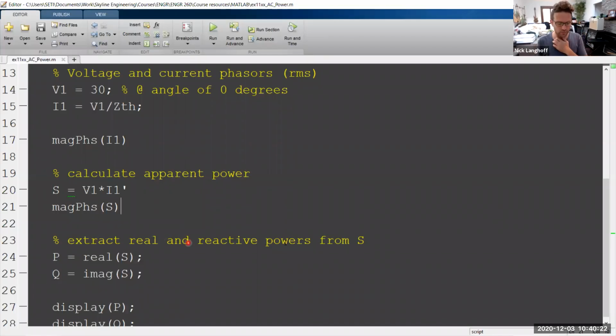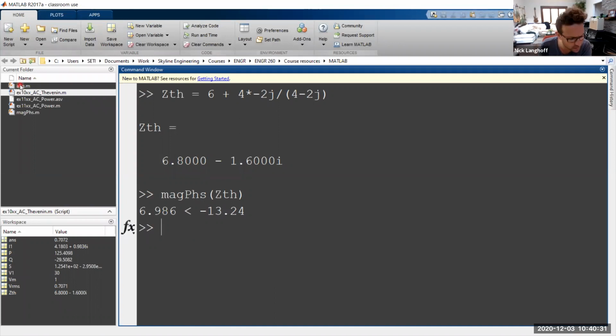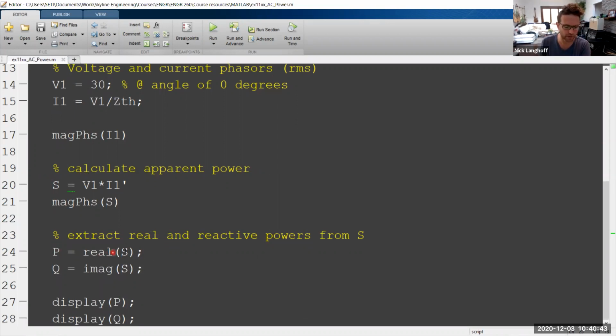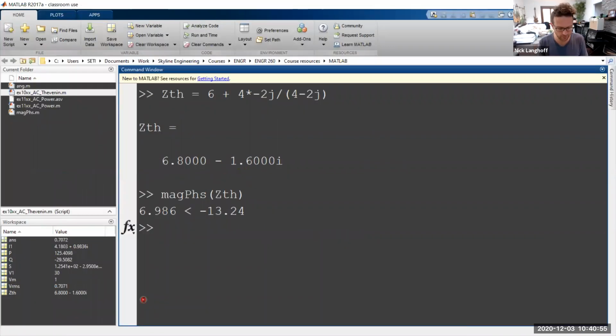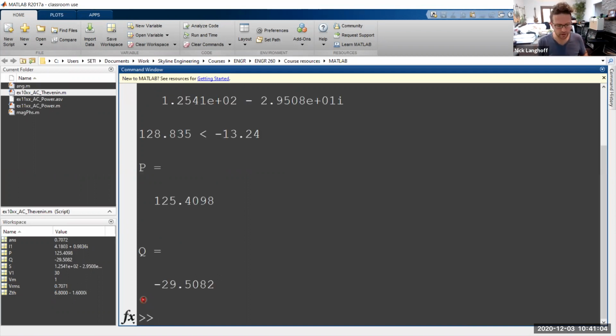And then if we want the real and reactive powers, one thing I could have used is the built-in function we have, or the function we've included. I think it's angle. No, actually, that's not quite what I want. I want the real and reactive powers from S. And so I just use some built-in MATLAB functions. I say P is equal to the real part of S, of the complex power. Q is equal to the imaginary part of S. Real and imag are built-in MATLAB functions, and they'll just extract the real values and we'll display them. So if I run that, problem here, example 11, an AC power, here it is.